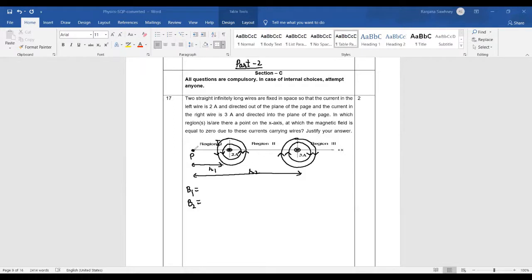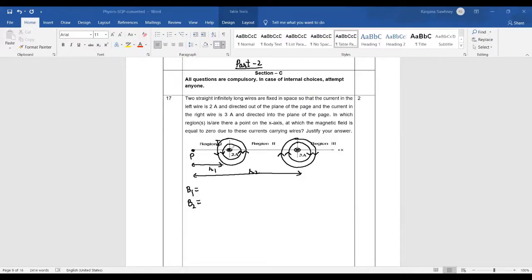Here we see that B1 and B2 are in opposite directions. B1 will be in the downward direction, drawing a tangent over here. Due to the 3 ampere wire, if we draw the tangent, it will be in the upward direction. So B1 and B2 are in opposite directions, and the net magnetic field will be equal to the difference of these two.